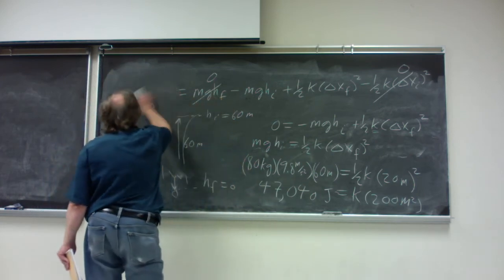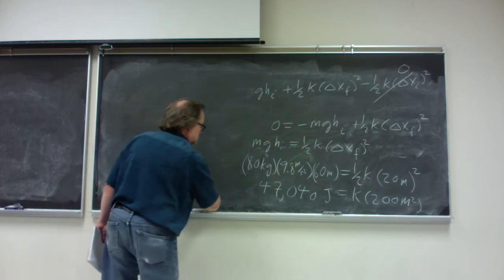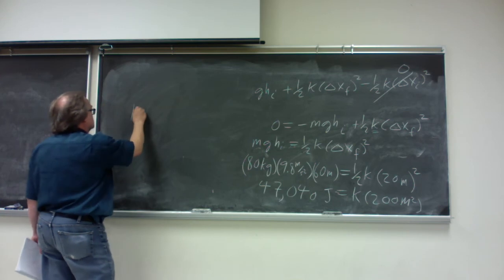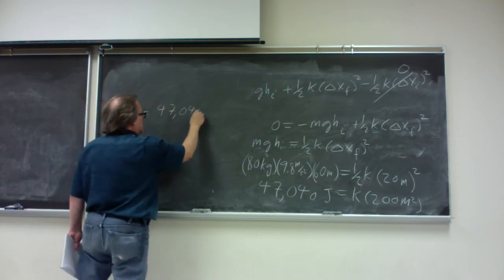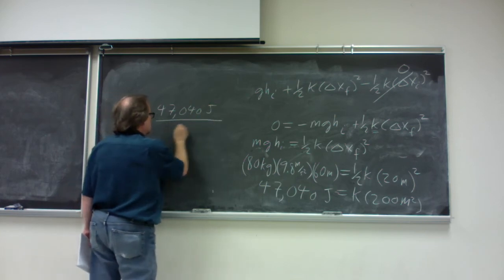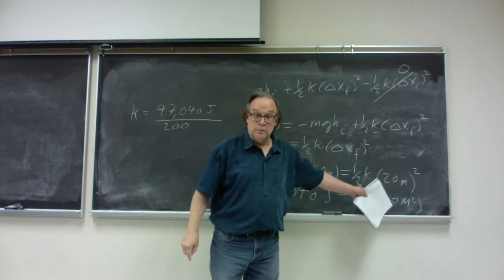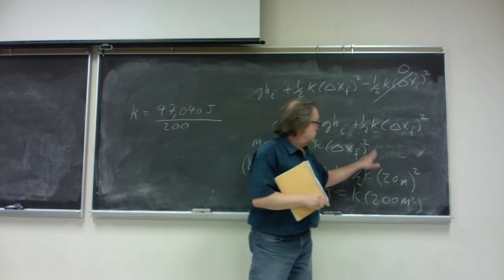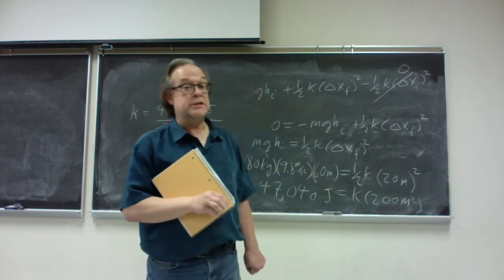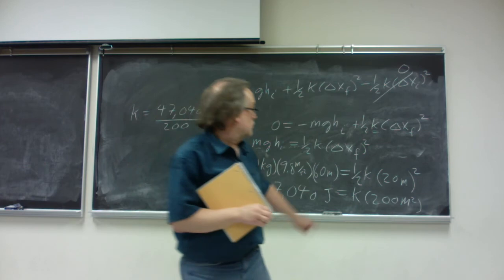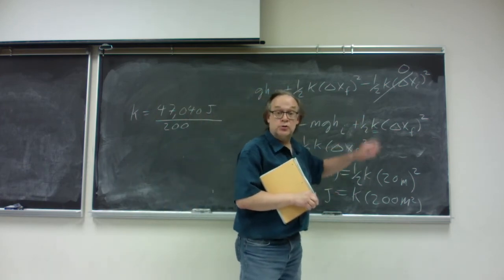And the final answer that we come up with is 47,040 joules over 200 meters squared, because we squared a length. You would be surprised how easy it is to forget the square here when you're actually doing a calculation.